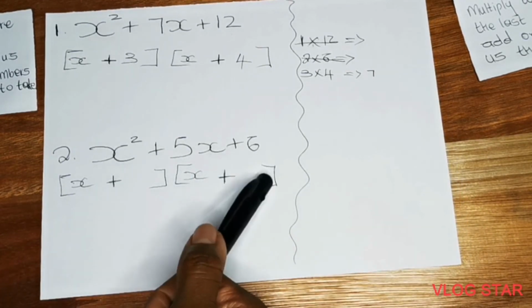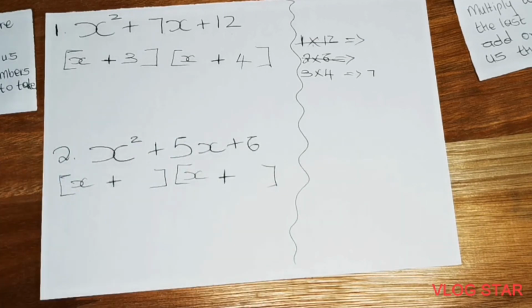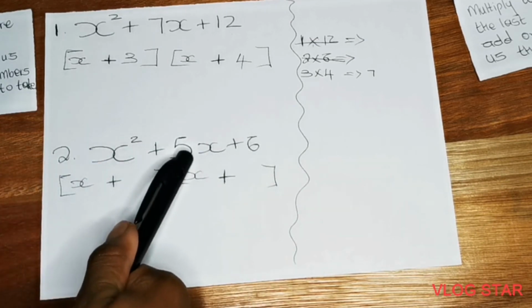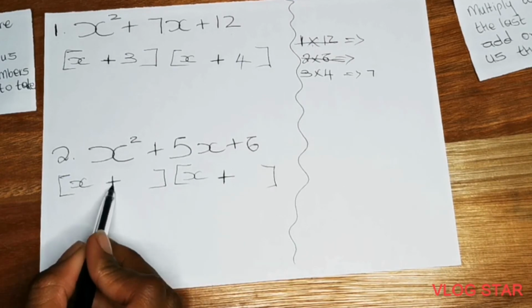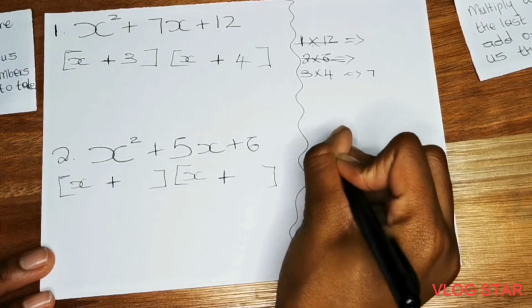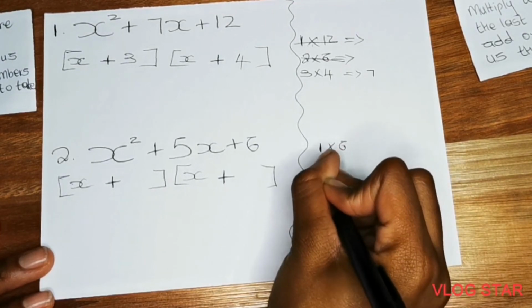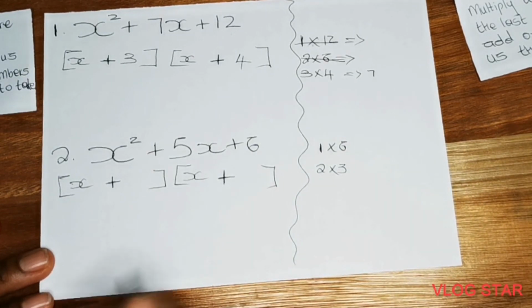How do we know the values? We look for numbers that multiply to 6 and add to 5. I'm using add specifically because right now we are dealing with addition. So we have 1 times 6, 2 times 3. Which other pair multiplies to 6? I think that's all.